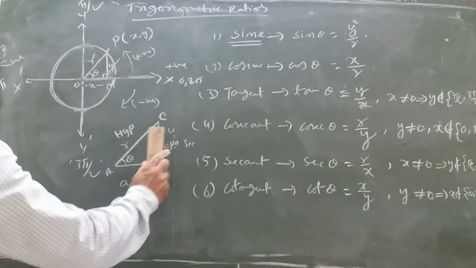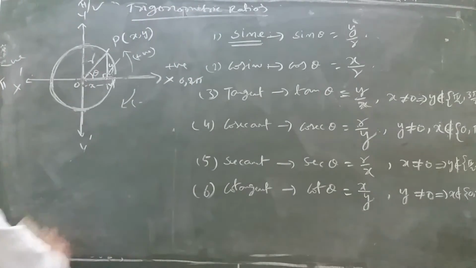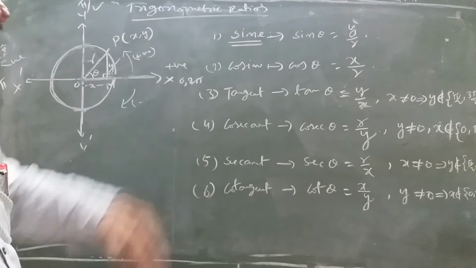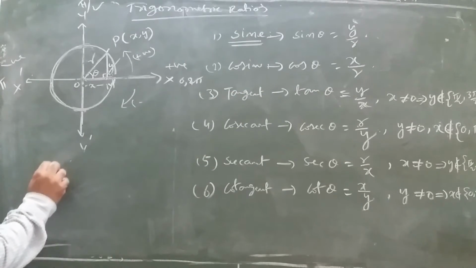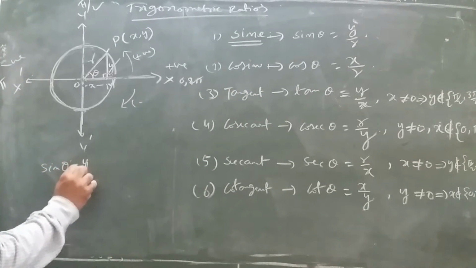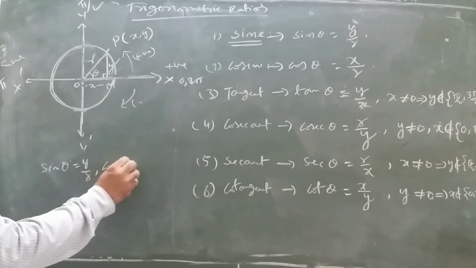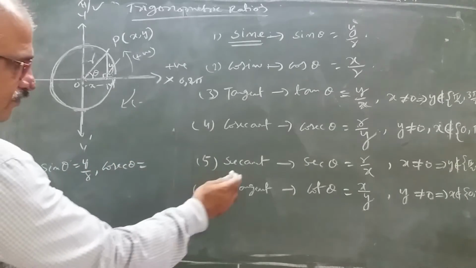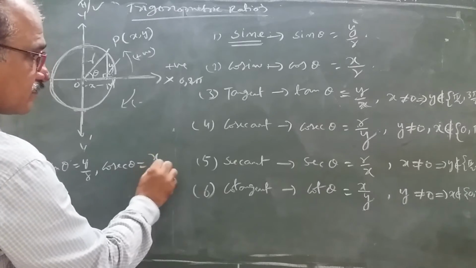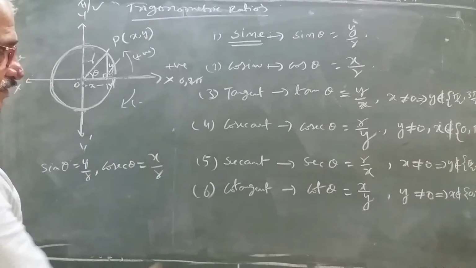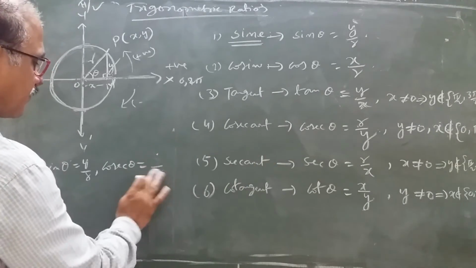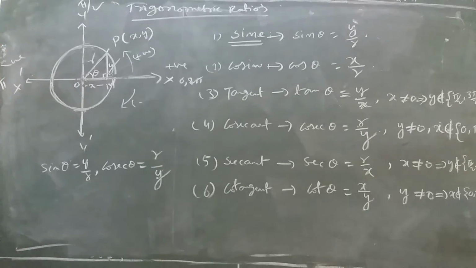By observing here, we can say that sine theta is equal to y by r and cosecant theta is equal to r by y. What is your observation?